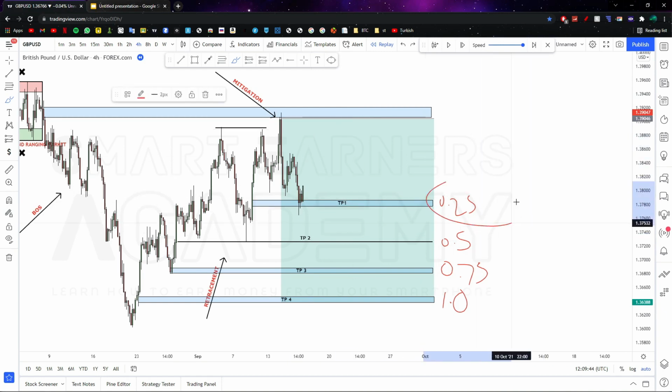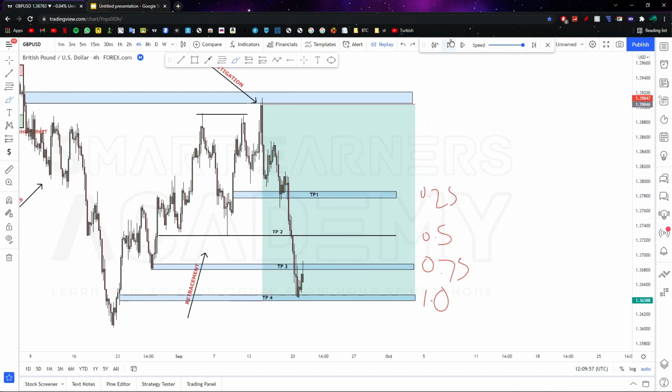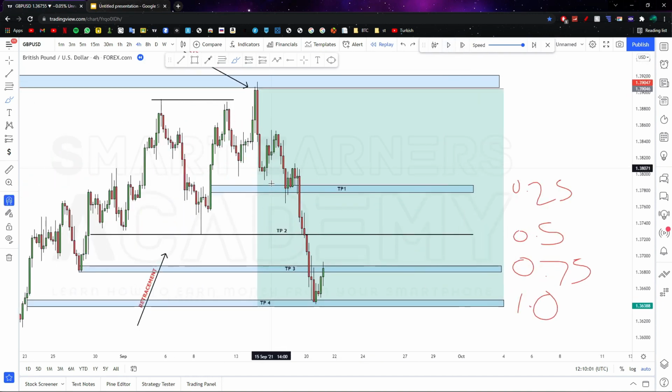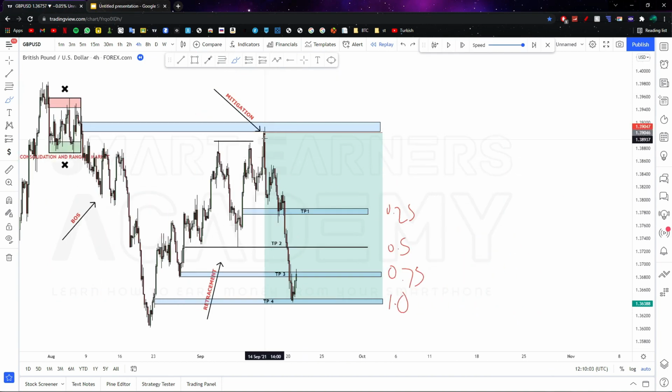So we are already walking away with 0.25 even if this trade goes wrong, so we're not losing any money and we are securing 0.25. So that's putting your stop loss to break even. Now we can just continue to hold this trade at no risk, because our stop loss is at break even, and we'll take partials along the way. And so yeah, that's all there is to take partials and stop losses to break even, and I'll see you guys in the next episode.